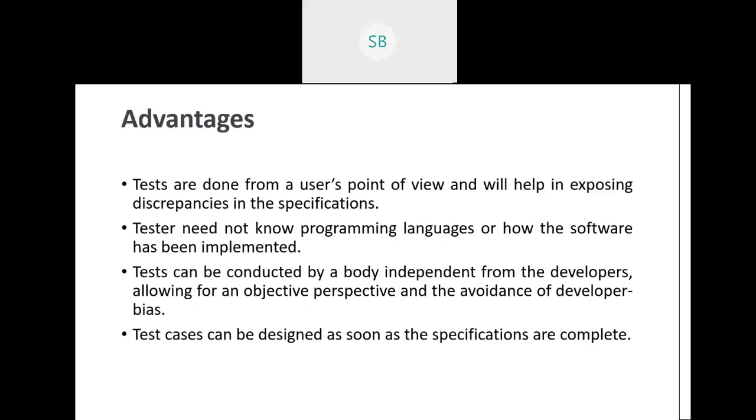Next, tests can be conducted by a body independent from the developers, allowing for an objective perspective and avoidance of developer bias. What happens is that the testing team should consist of persons who were not involved in the development team.